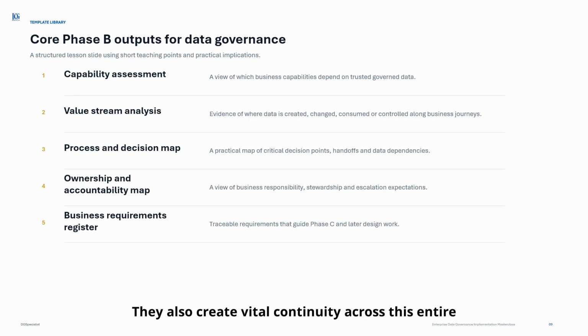They also create vital continuity across this entire course. The capability assessment directly influences your priority domains. The value stream analysis helps you pinpoint exactly where critical data elements, CDEs, and data quality rules may be needed. The ownership map actively supports your future operating model design.